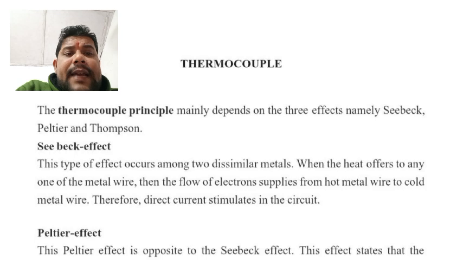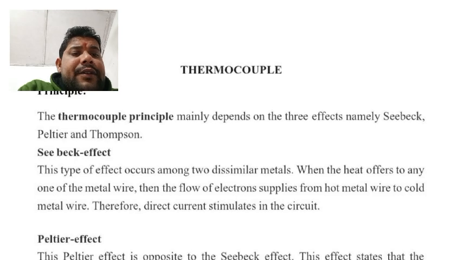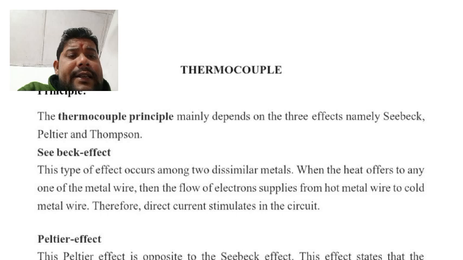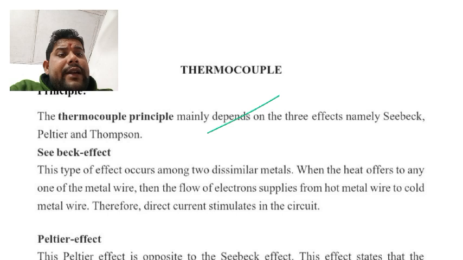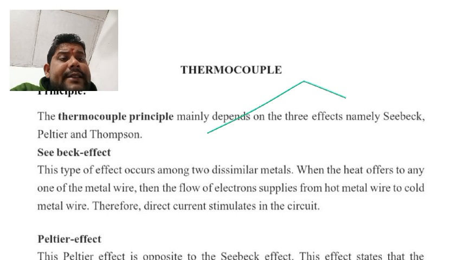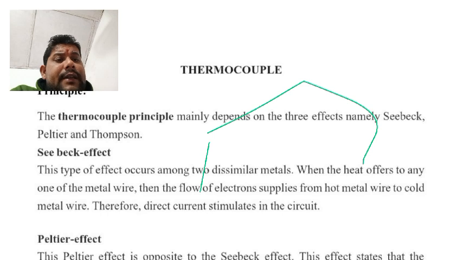This type of effect occurs between two dissimilar metals. When heat is applied to any one metal wire, current flows from the hot metal wire to the cold metal. That means two metals, metal A and metal B, are joined together.